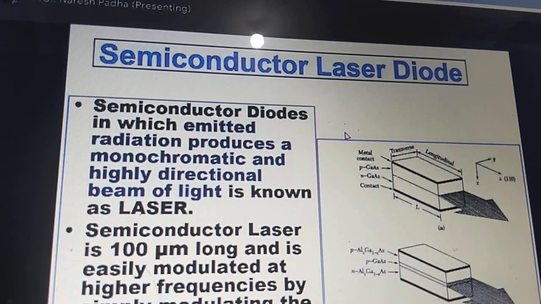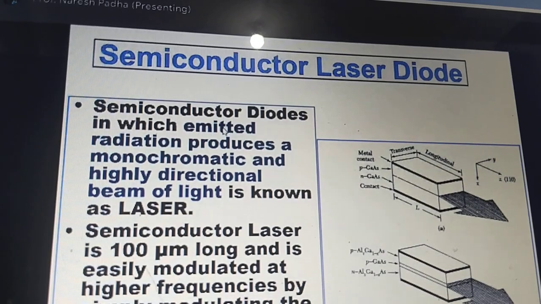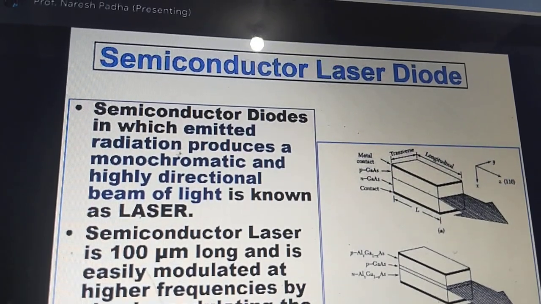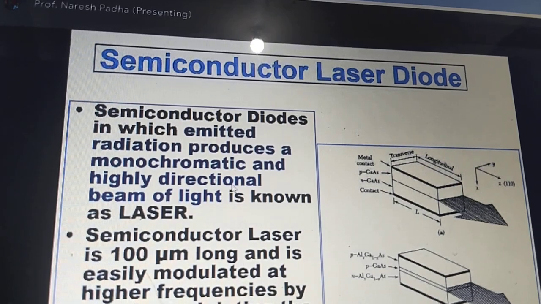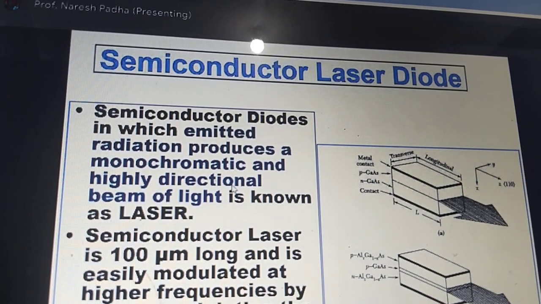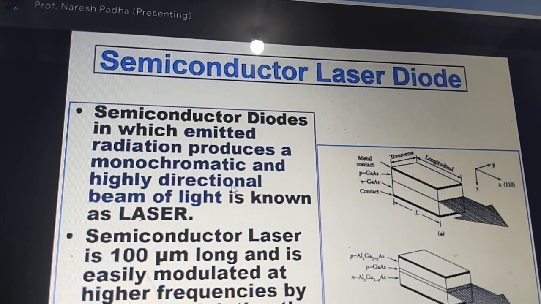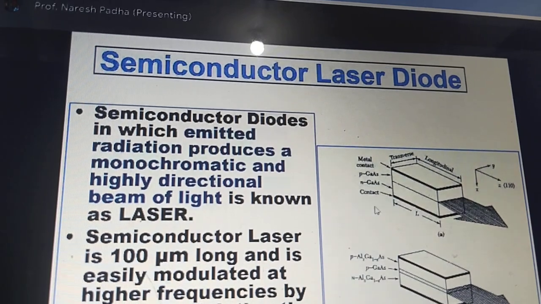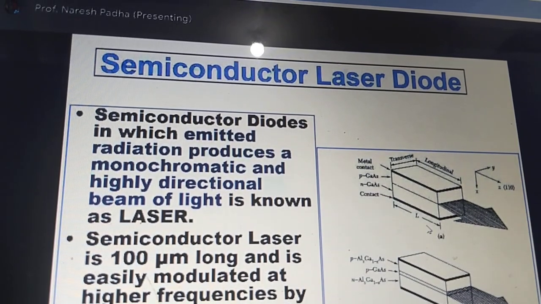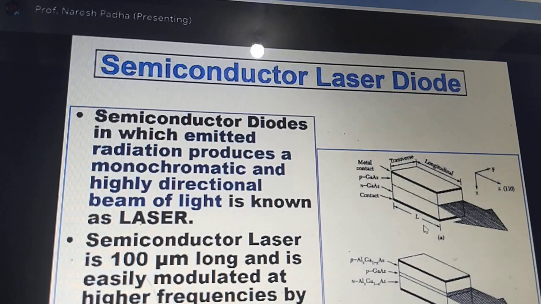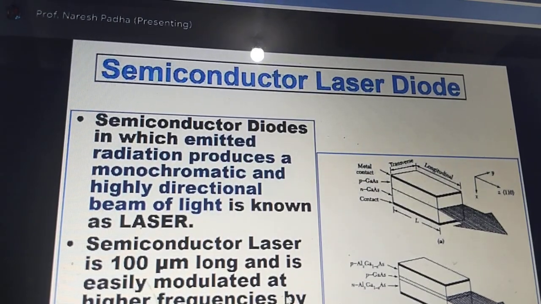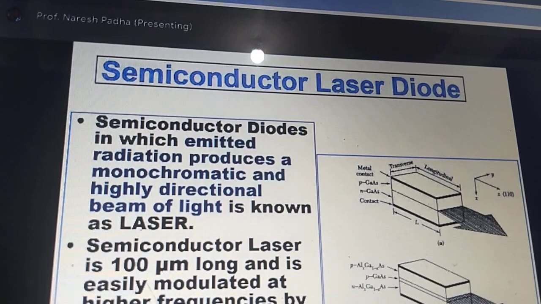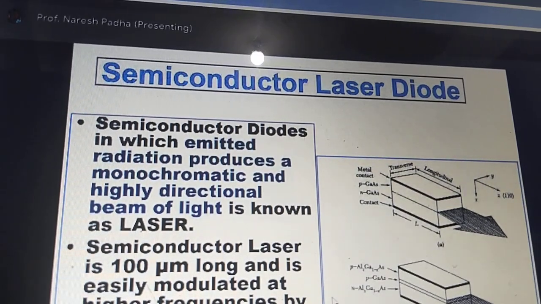So let's study its structure. Semiconductor diodes in which emitted radiation produces a monochromatic and highly directional, which means coherent, beam of light, is known as a laser. A semiconductor laser has a length of 100 micrometer and is easily modulated at higher frequencies by modulating the biasing circuit.